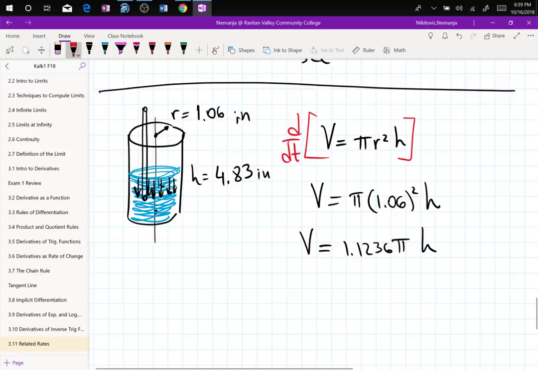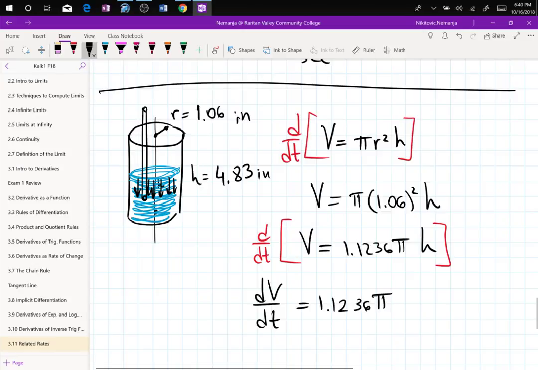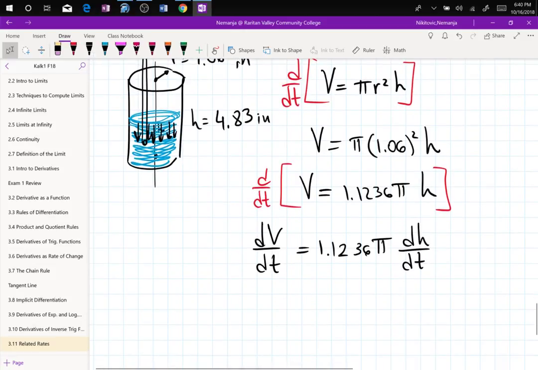Now we are going to take the time derivative and get dV/dt is equal to 1.1236 pi dh/dt. Now dh/dt you can measure because you can observe how much height you lose in time just taking easy photographs, time-lapse photographs.